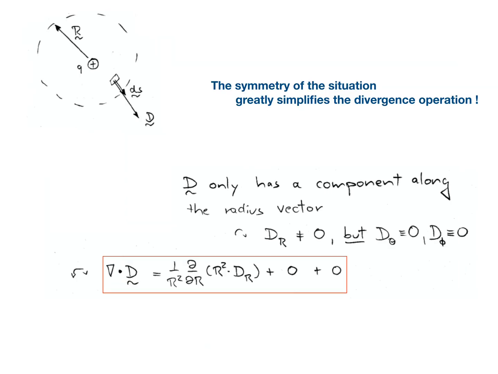This is because the field vector only has a component that is parallel to the radial vector. Therefore, only the coordinate D_r is different from 0, but the D theta and the D phi coordinate of the field vector are always 0 on every spot on this surface. The last two terms of the divergence operator are therefore exactly 0.